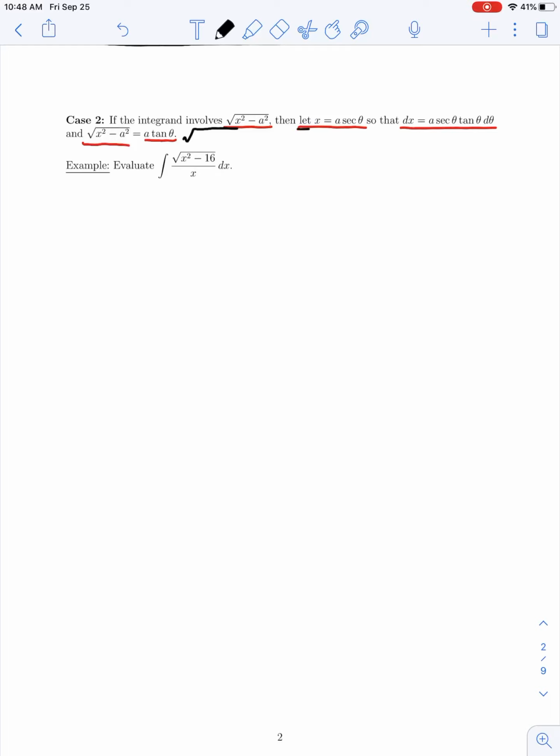Now, if x is equal to a secant theta, x squared would be a squared secant squared theta, and then we are subtracting a squared. So from under the radical, I can factor out an a squared, and I'm left with secant squared theta minus 1, which is equal to tangent squared theta.